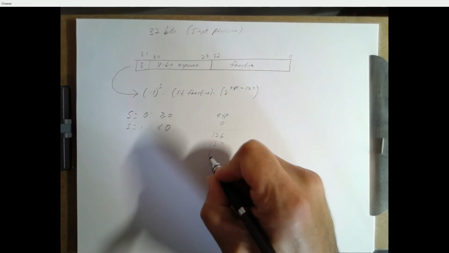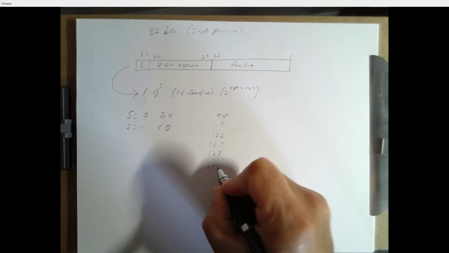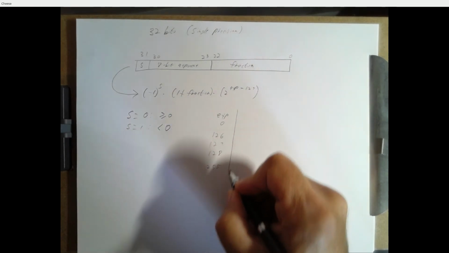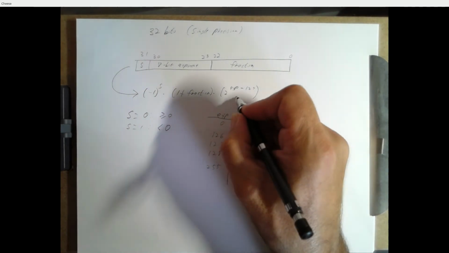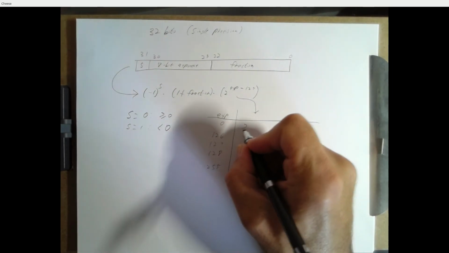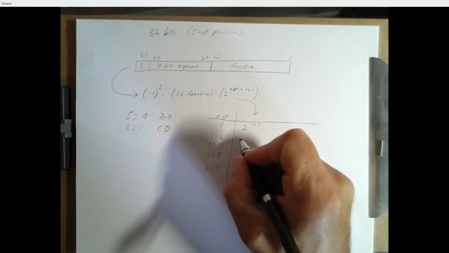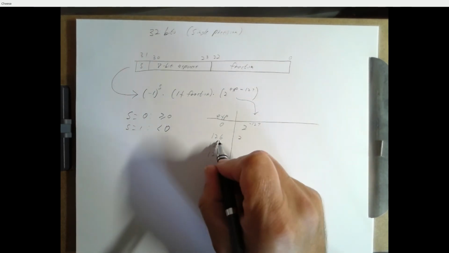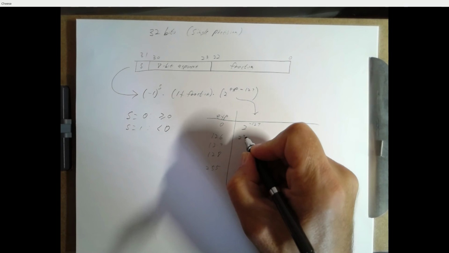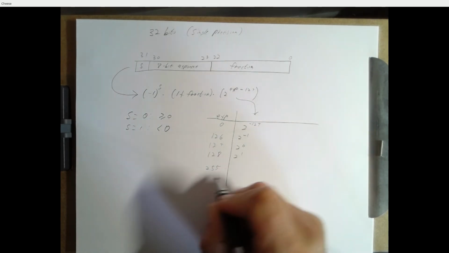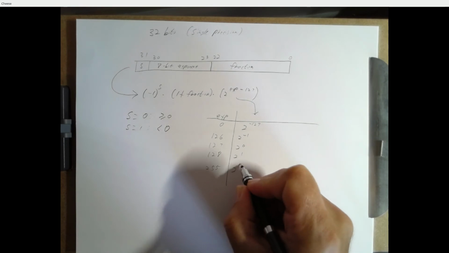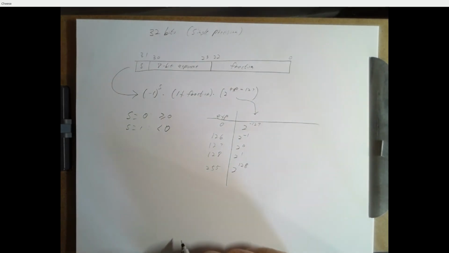So if our exponent was 0, 126, 127, 128, 255, well, over here, this piece would be 2 to the minus 127. This would be 2 to the 126 minus 127, which is negative 1. This would be 2 to the 0, 2 to the 1, all the way up to 2 to the 128.